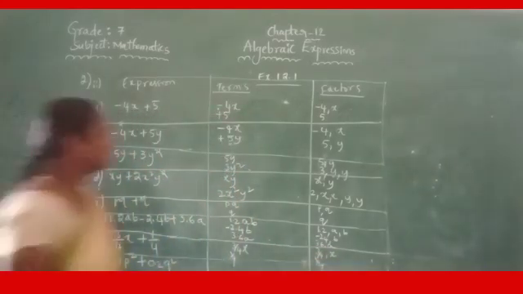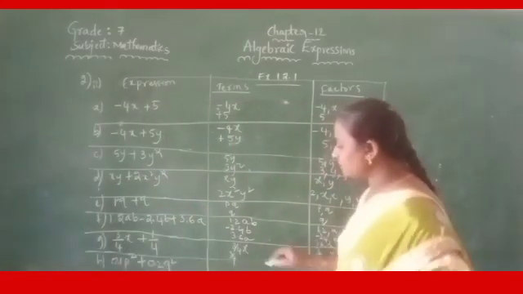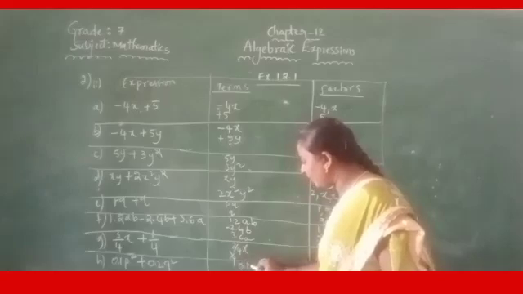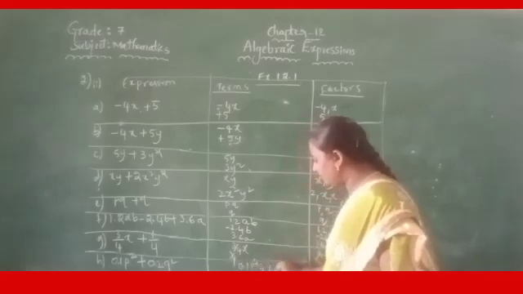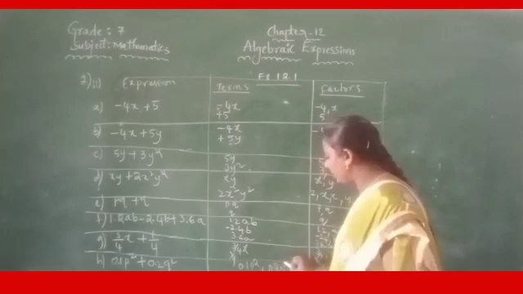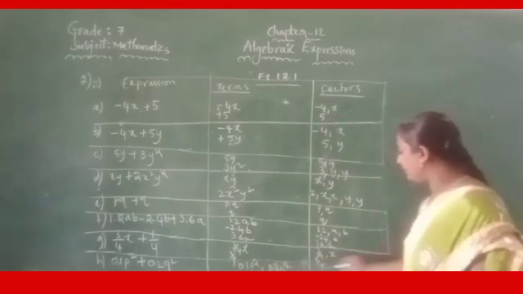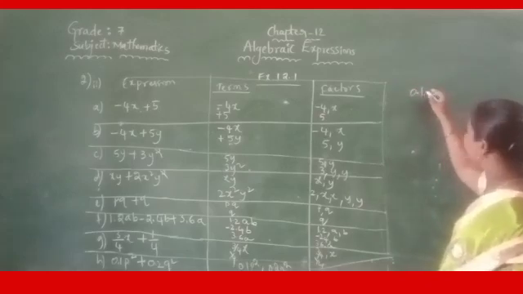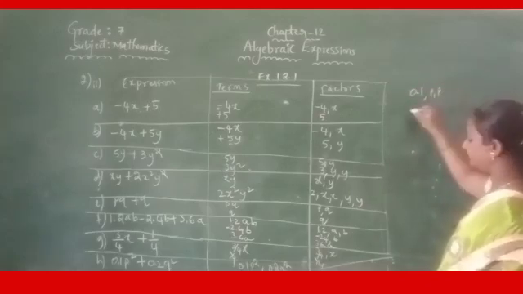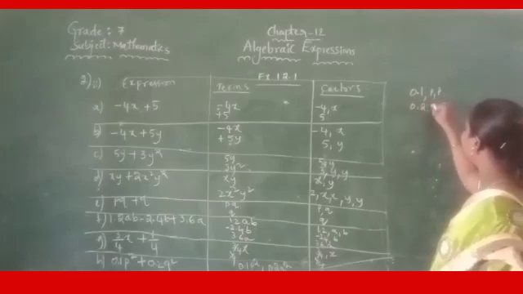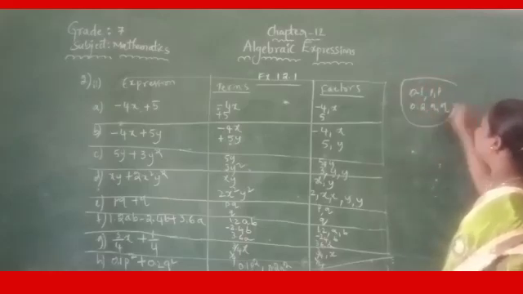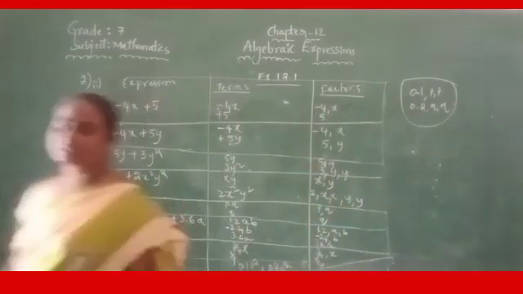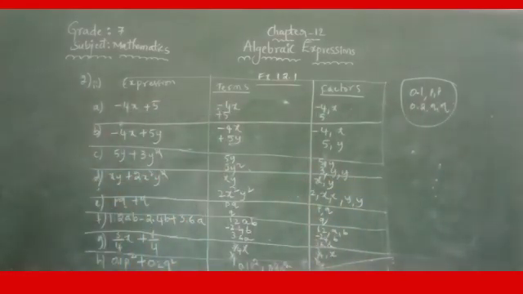And the last one, 0.1p square plus 0.2q square. 2 terms, very good: 0.1p square and 0.2q square. The factors are 0.1 comma p and 0.2 comma q, so these are the factors of 0.1p square plus 0.2q square.